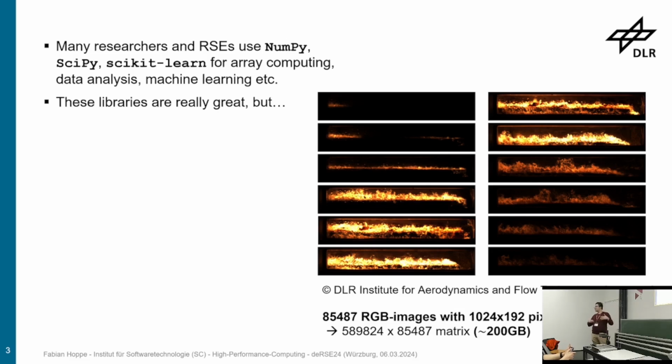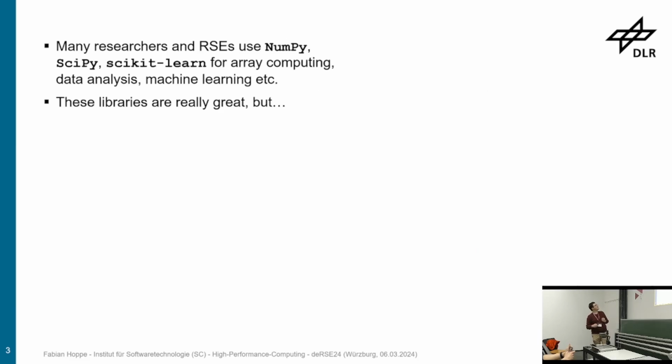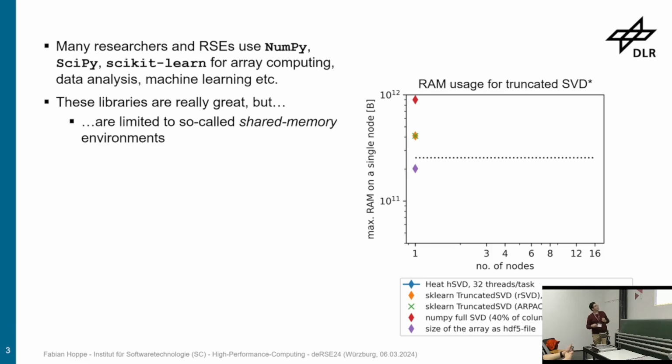And if you now want to do data analysis, for example, a truncated SVD of this matrix, you will easily run into the problem that NumPy, SciPy, and scikit-learn are limited to so-called shared memory systems. So basically a single machine. You can't add another machine like in an HPC cluster. You basically can use one node of an HPC cluster or your workstation.